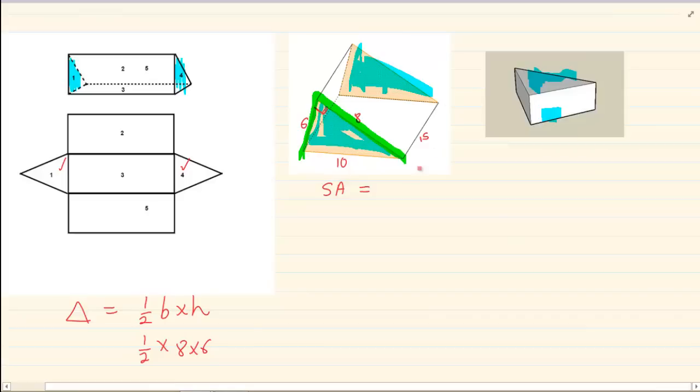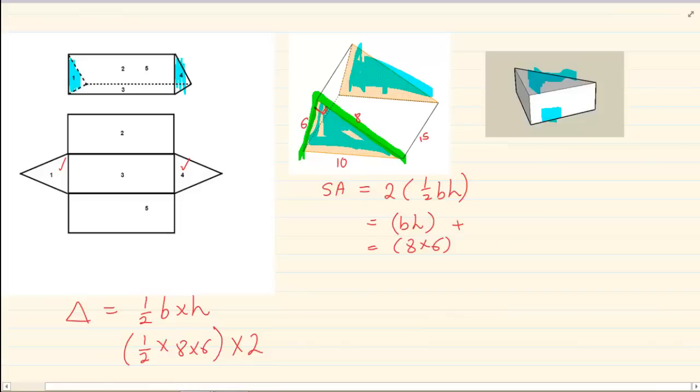So the surface area of the triangular prism is going to be 2 times half base times height, which is the same as just saying base times height, right? So if I was saying the triangle here, I would have said half times 8 times 6, but then there are 2 of them, so I would times it by 2, which ends up giving me simply 8 times 6.